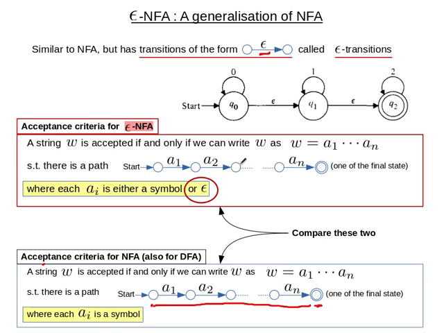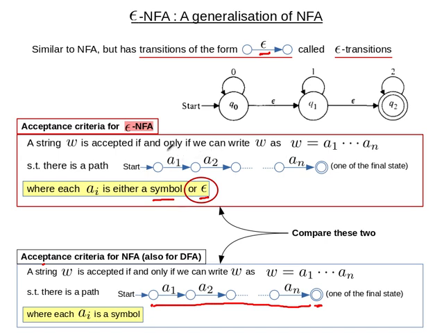The only difference is that there all these labels were just symbols, elements of sigma. Now these labels can be either a symbol or the empty string epsilon, and the acceptance criterion is the same if you just consider this modification.